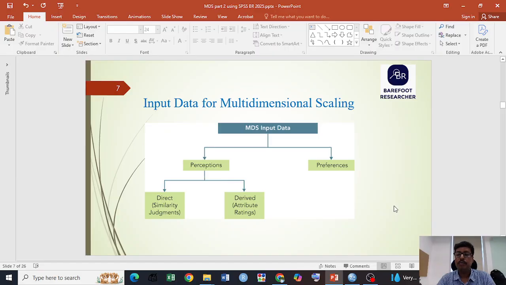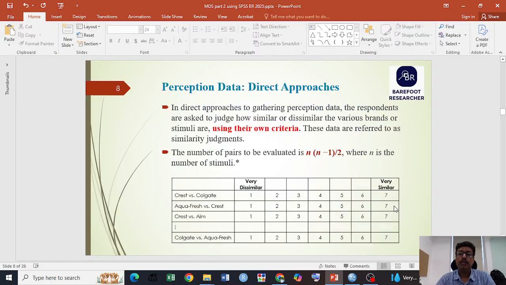Now when it comes to preference, I can ask, you have 10 brands, can you rate which is the most preferred and which is the least preferred? This is based on your own brand. I have considered 10 toothpaste brands, and this is on a similar to dissimilar comparison.